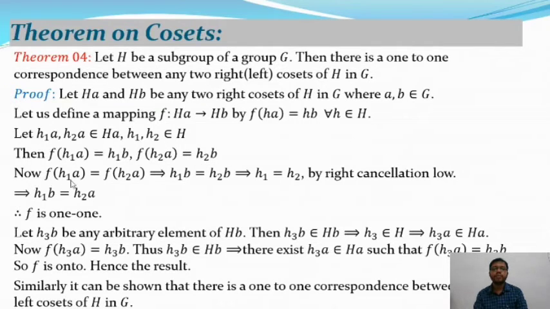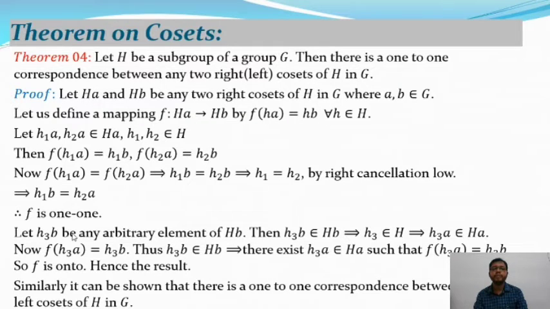Now if f(h1a) = f(h2a), then h1b = h2b, that means h1 = h2 by the right cancellation law. So this implies h1a = h2a. So f is one-one.